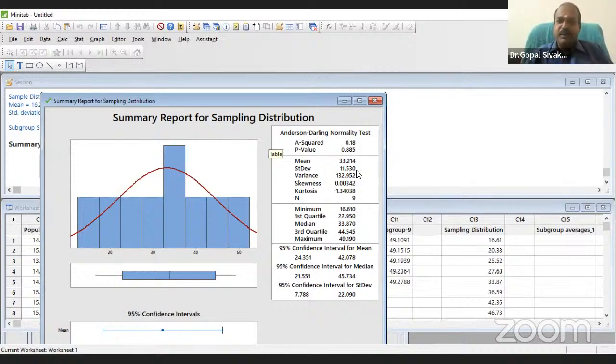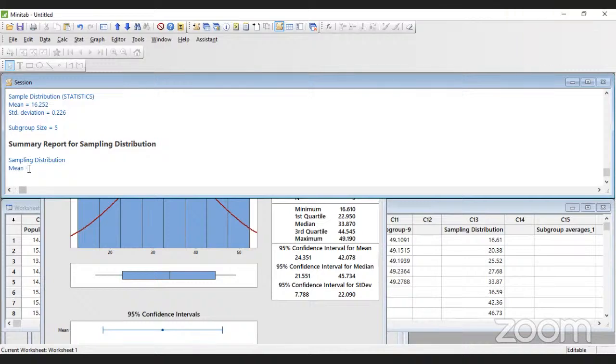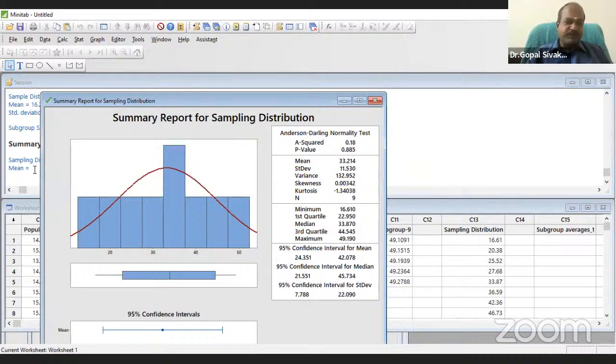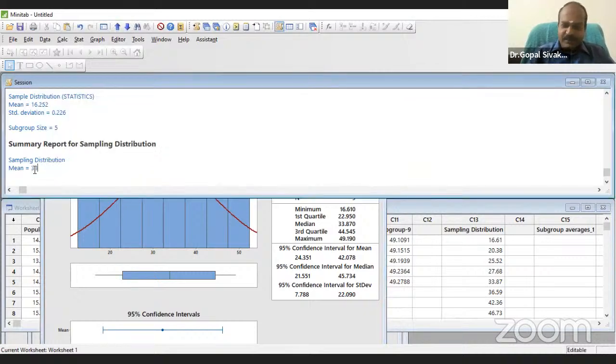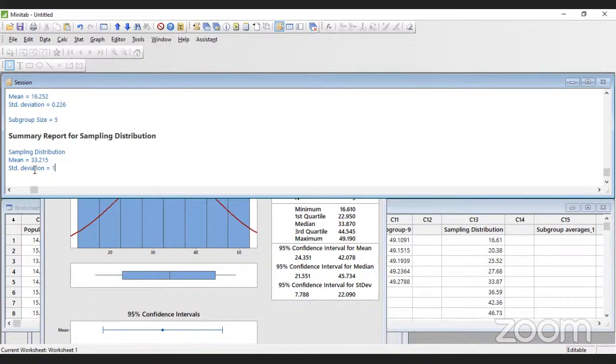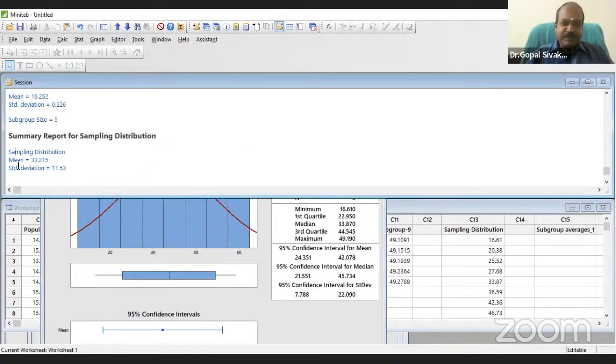Remember this: 33.214, 11.530. Very good. This is the sampling distribution.